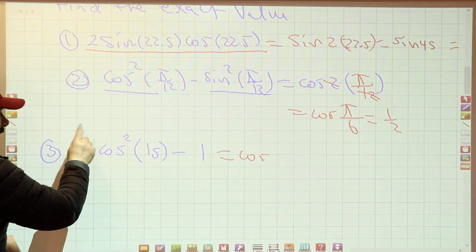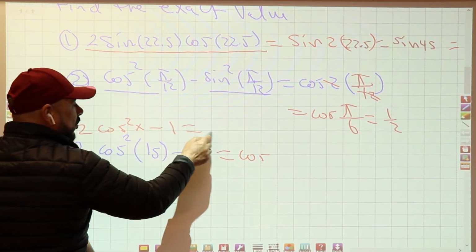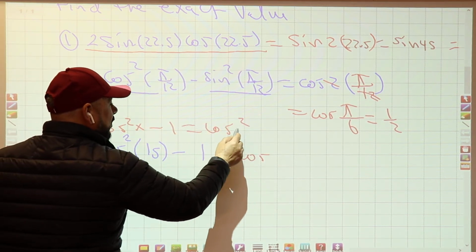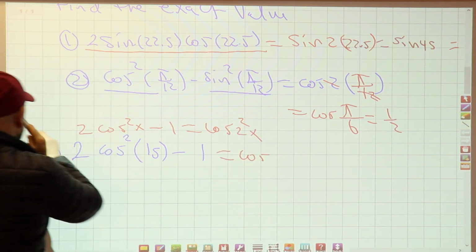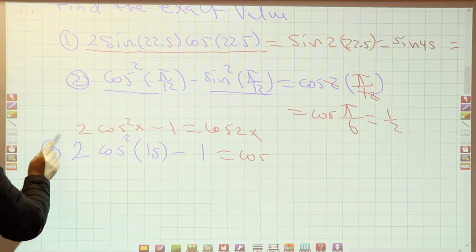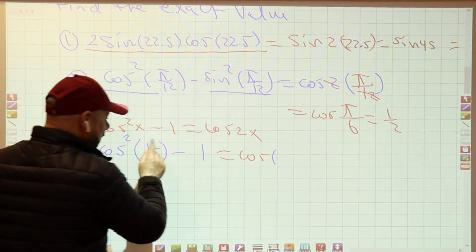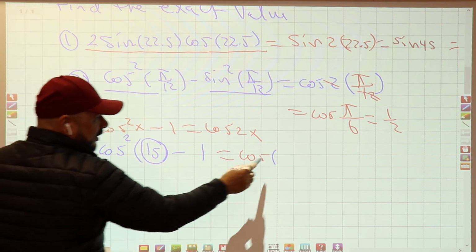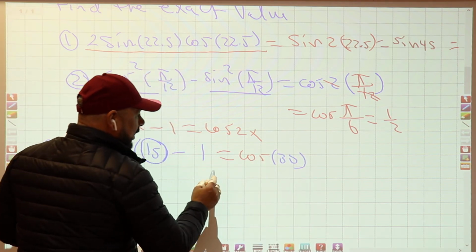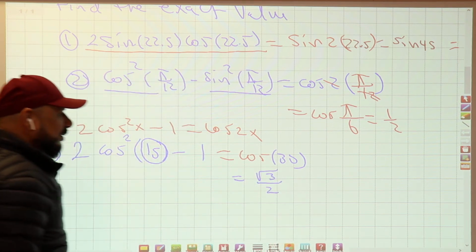Go to the formula: 2 cosine squared x minus 1 equals cosine 2x. Then this equals cosine of twice this angle, 15, so it becomes 30, which is square root of 3 over 2.